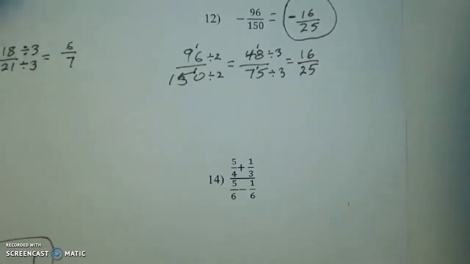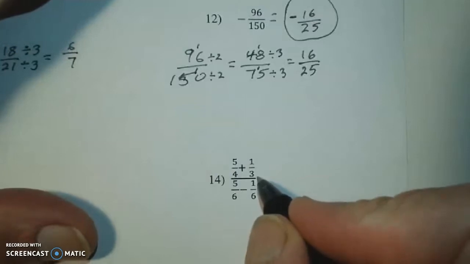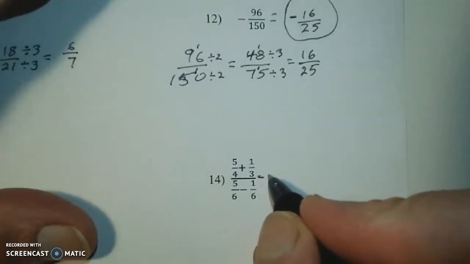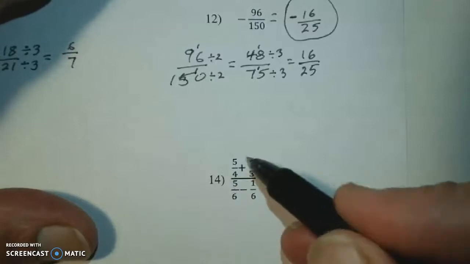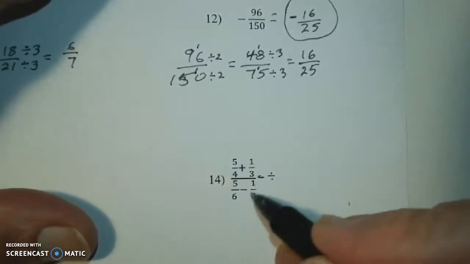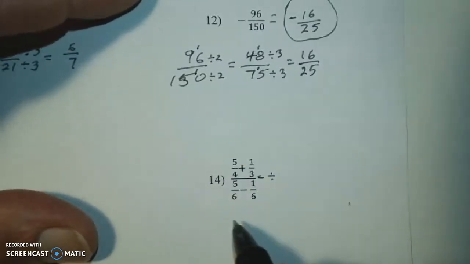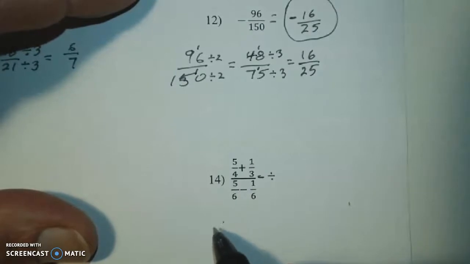Number 14, similar to number 13, but before we can do this division, we need to figure out what this numerator is. We need to figure out what the denominator is. To do the numerator, you're going to need a common denominator.